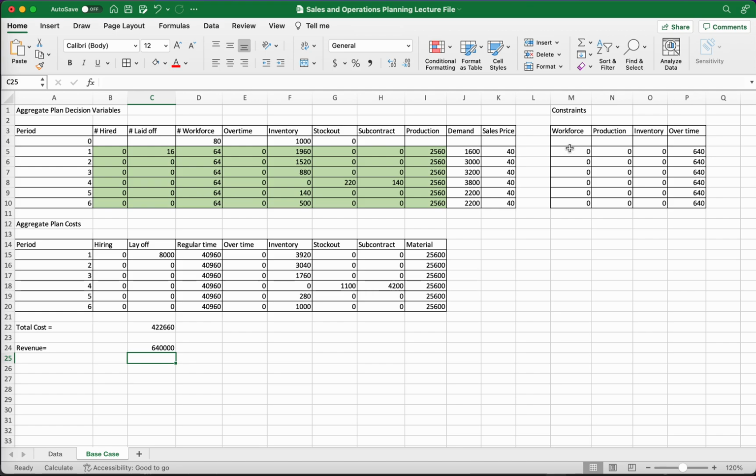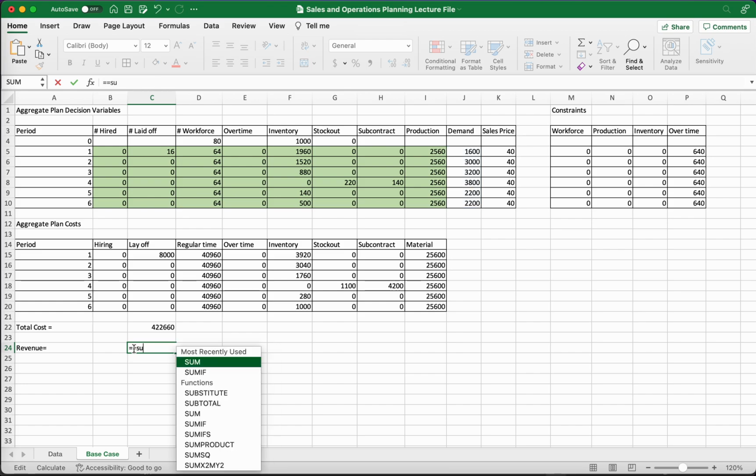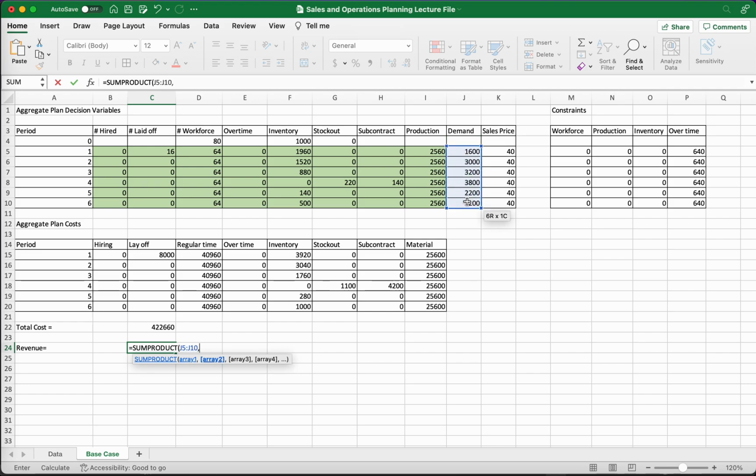Because I'm going to be changing the sales price in some of these months, since we are giving out promotions, to make my life easier I'm going to write revenue instead as the sum product of the demand values and the sales price.